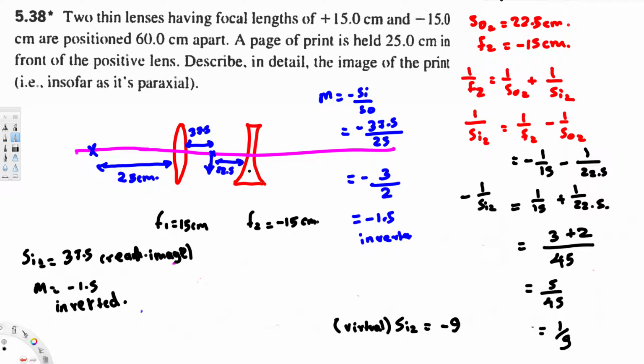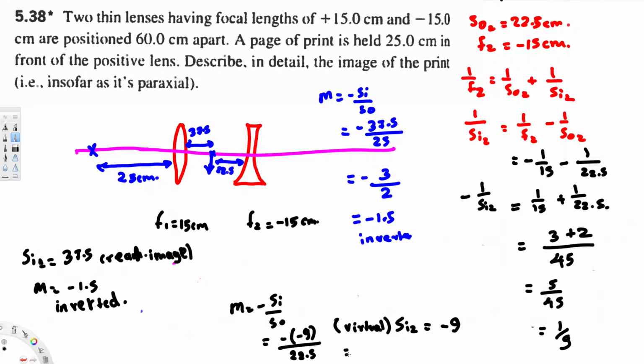Let's see what else we can find from this. Also we can find the magnification. M is equal to negative SI over SO, and here we know the image distance is negative 9, divided by the object distance, that is 22.5.